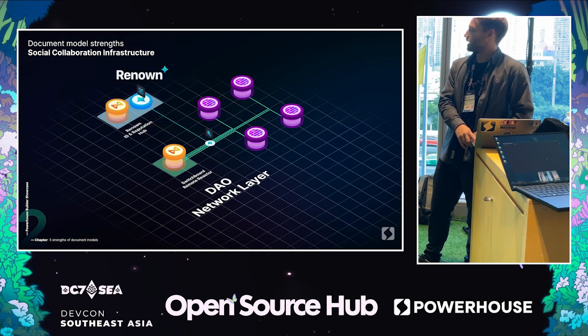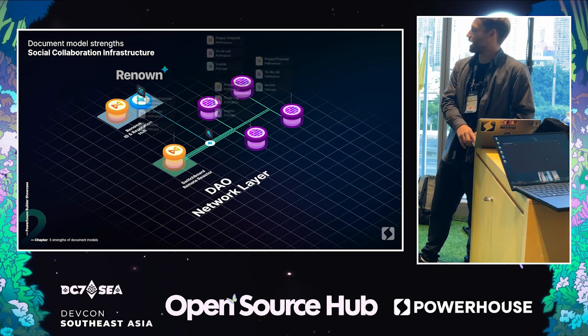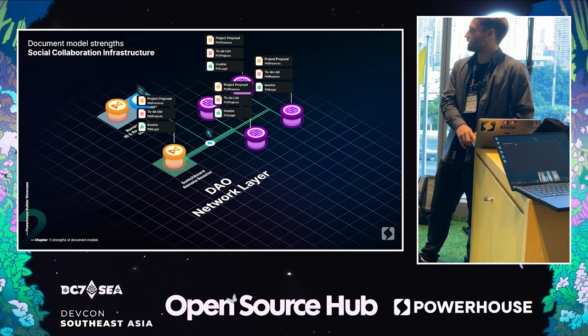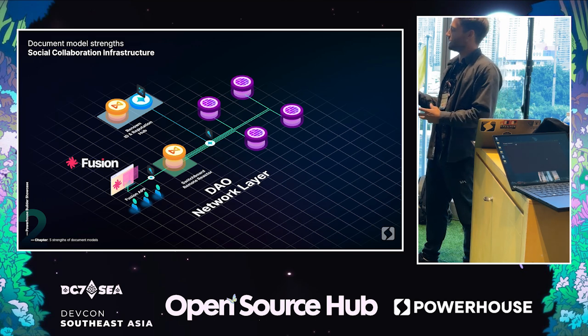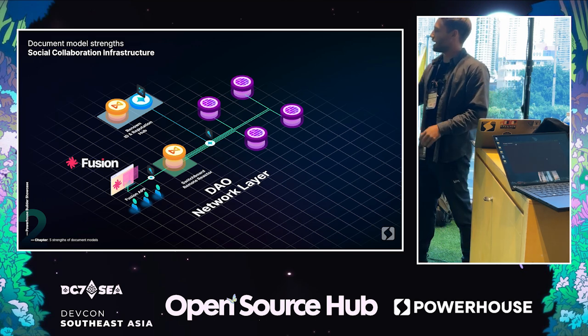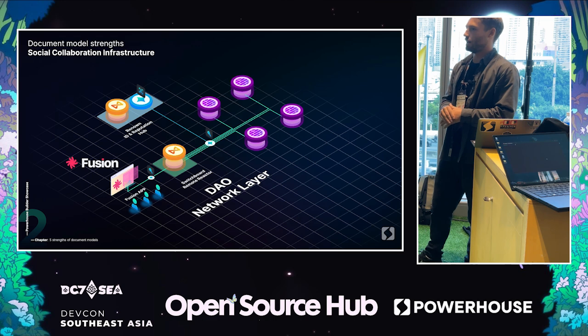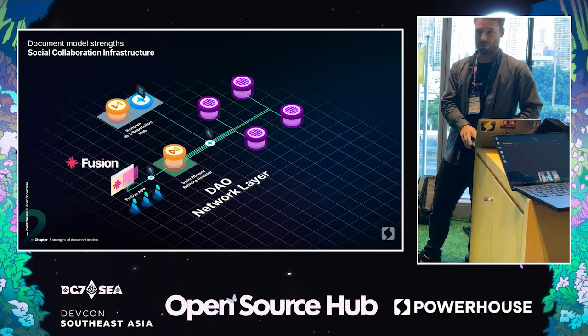register through Renown, our identity and reputation hub, where they then get the necessary credentials to access those documents and receive them on their end, so on their nodes. Now, when all of those documents are eventually finished and they want to publish it towards the public side of the DAO, they might transport it to Fusion, where we have our public transparency dashboard and where the data that is being captured in those document models is being displayed and shown to the broader DAO.